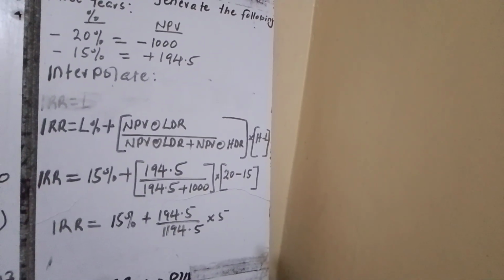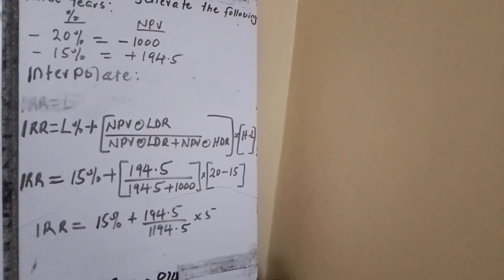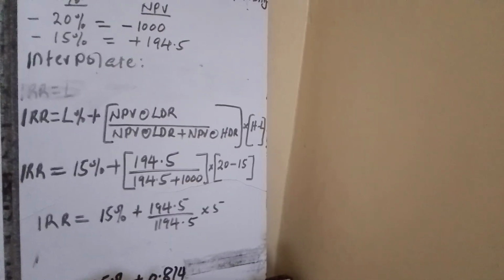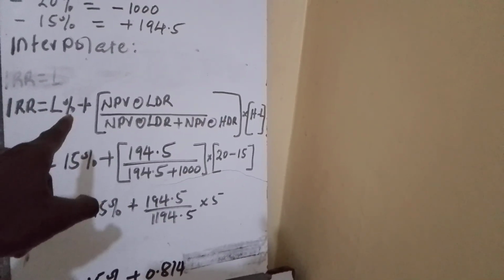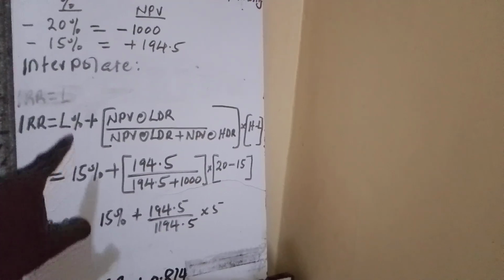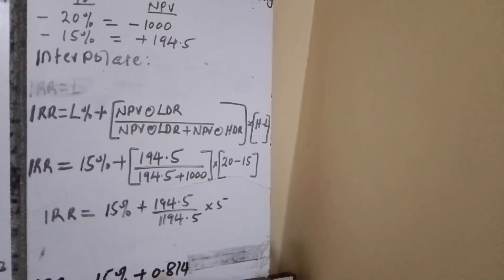I interpolate. IRR, you're saying, is L%, the lower rate. The L% is 15%, because we have two rates, 20% and 15%.